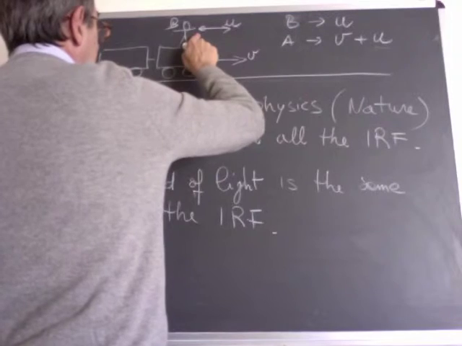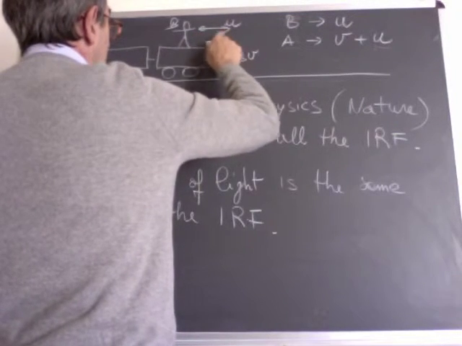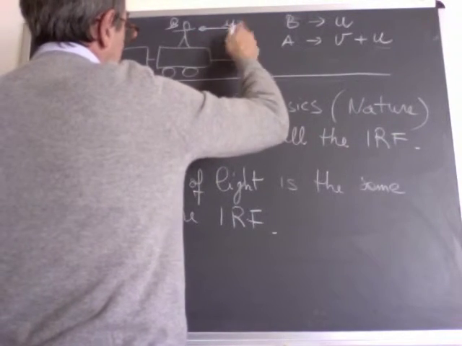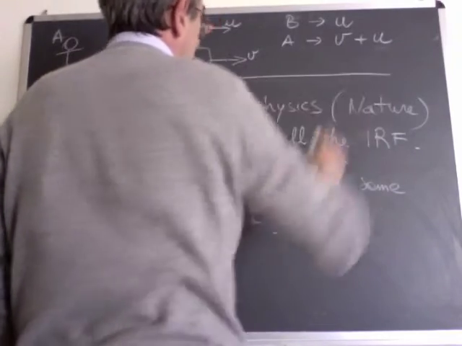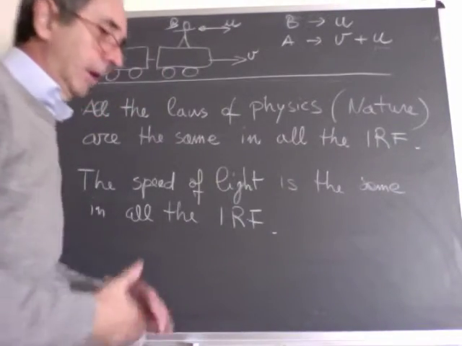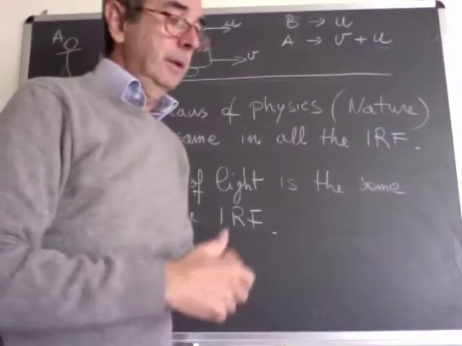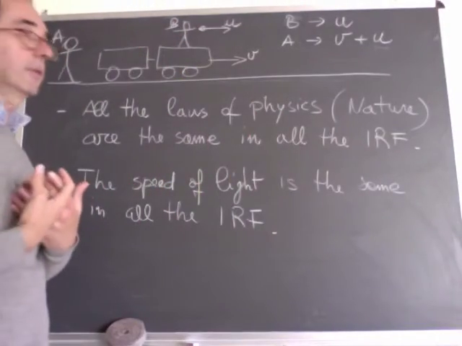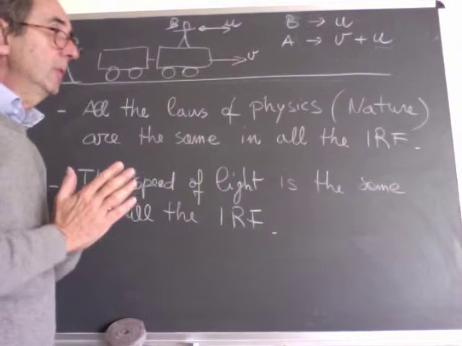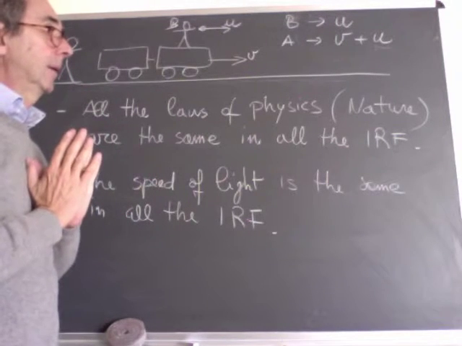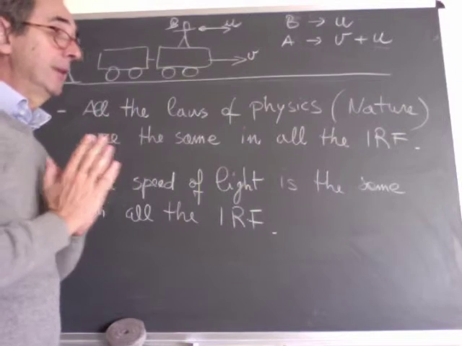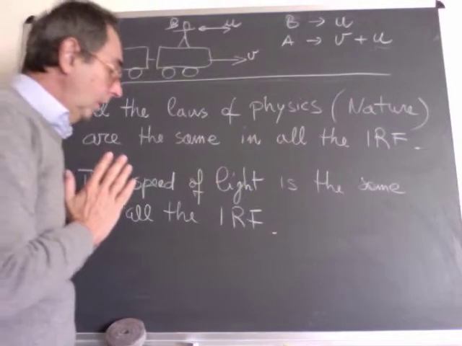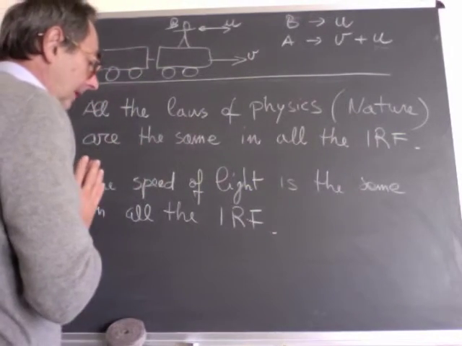And then when it leaves the hand of B with speed u, the total speed will be the sum of the two velocities. This was considered true by Newton. But what is the problem with that formula?